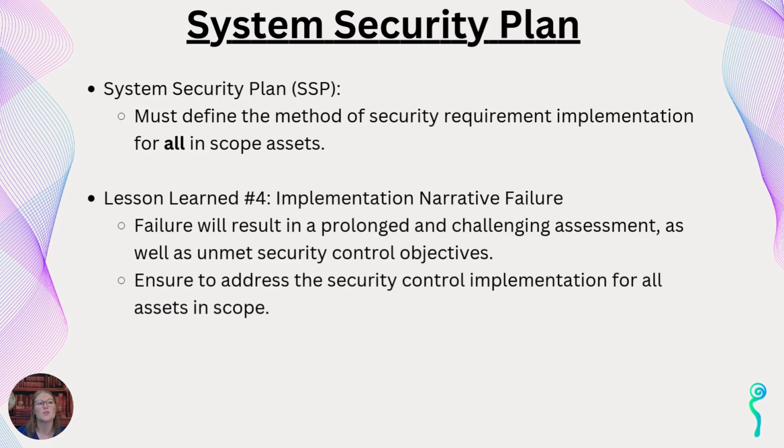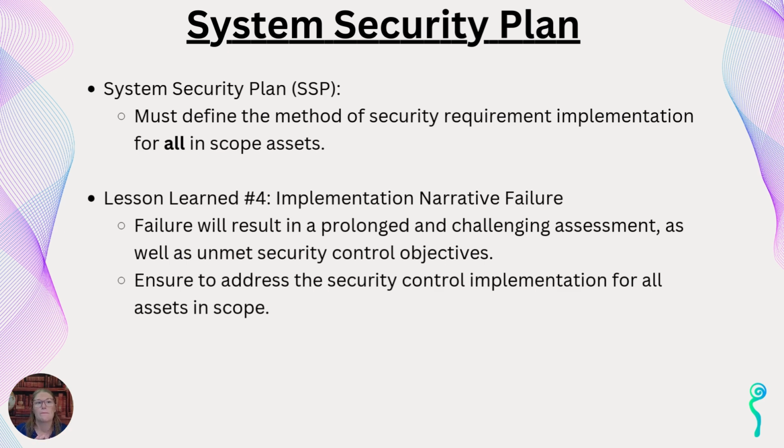The fourth issue I'm seeing a lot is the system security plan. In your system security plan, you are required to define the method of security requirement implementation. That is required for all in-scope assets: CUI assets, CRMA assets, SPA assets, specialized assets.